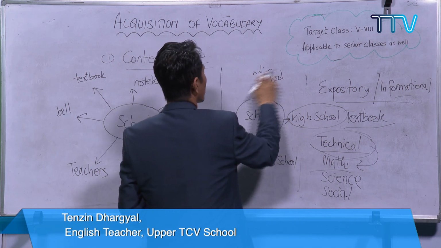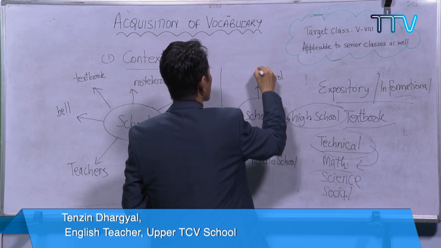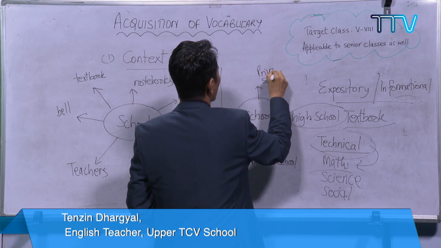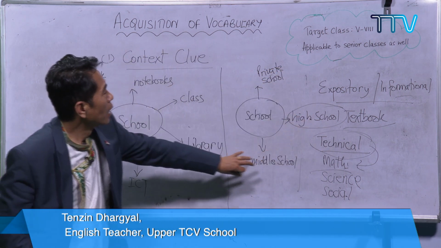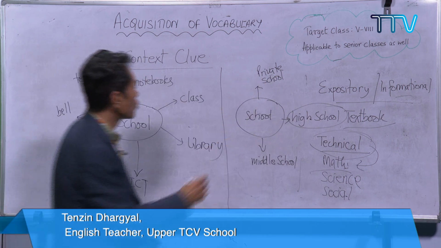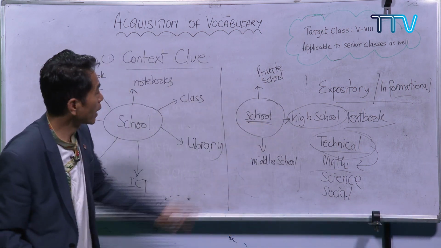If it is confusing, I will write here private school. You see? Now, if you look at all these words, there isn't any word which does not have this word school.